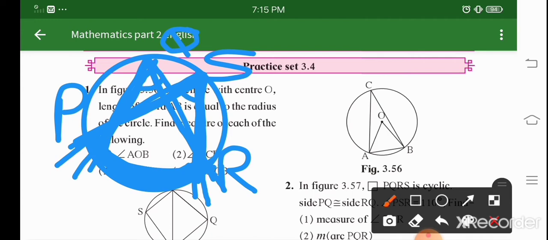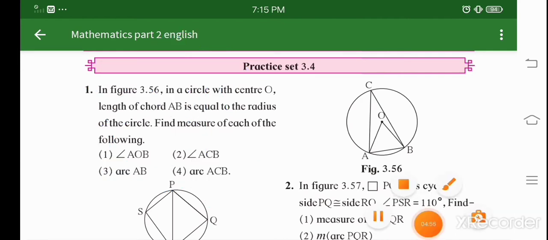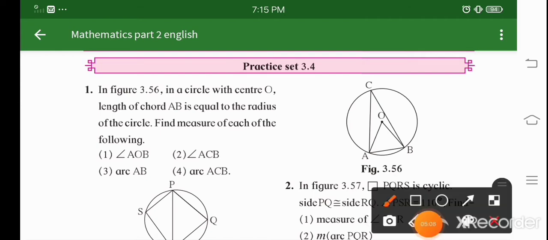Next, what about the semicircle? I think you know about the semicircle. See, I'll show you what a semicircle is. The measurement of a circle is 360, and a semicircle means half of the circle, that means it will be 180. Suppose there is a circle, and I'm dividing it and making a semicircle.